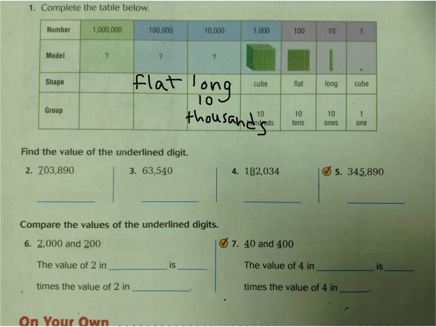Now let's go ahead and look down at the questions that find the value of the underlined digit, which is what we did in the previous slide. We have a 7. So again, we put that 7 out and we count how many digits are behind it. We've got 1, 2, 3, 4, 5. So we put 5 zeros behind it. Put our comma in, and it's representative of 700,000.